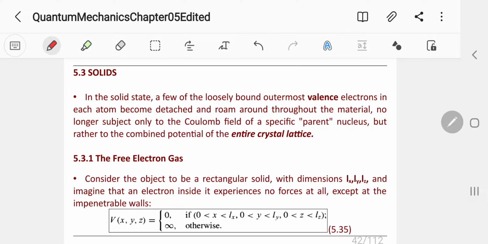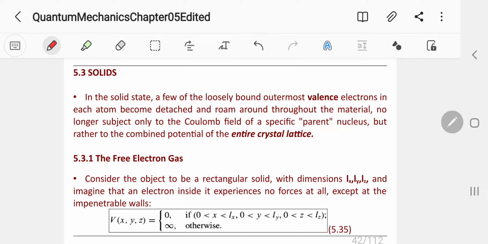But if an atom is detached from other atoms, put in space, of course the valence electrons have no choice but to revolve around the atom. But if they are lumped into a solid, these valence electrons, the outermost electrons of the atoms, just roam around.